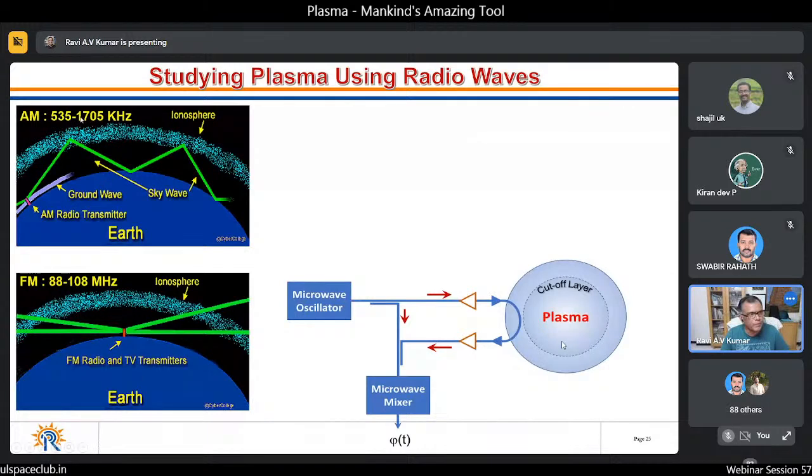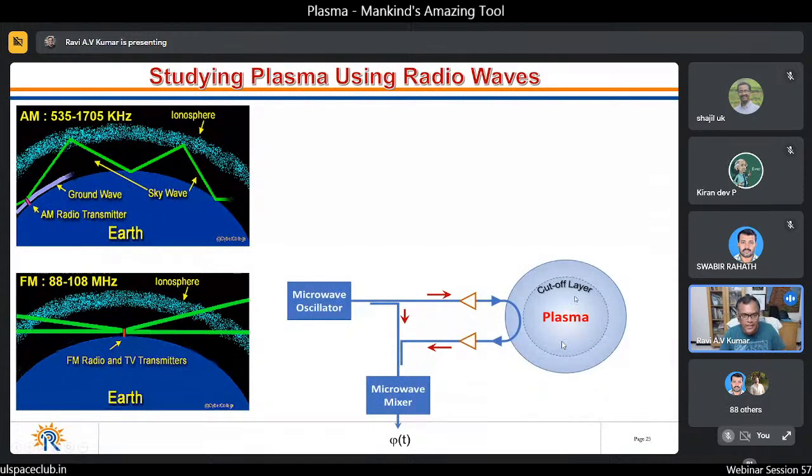AM radio waves, which are from 535 to 1705 kilohertz, get reflected by this ionosphere, whereas FM radiation, which is in the megahertz, finds the ionosphere transparent. It transmits away. That is why you cannot get your FM radio or TV from your neighboring town, whereas you can hear radio stations far away.